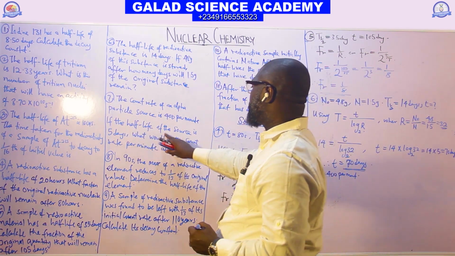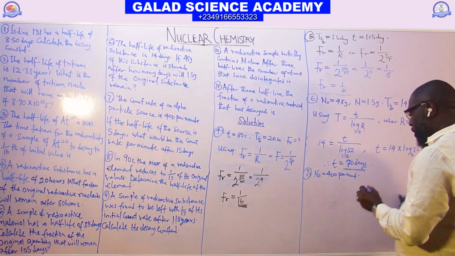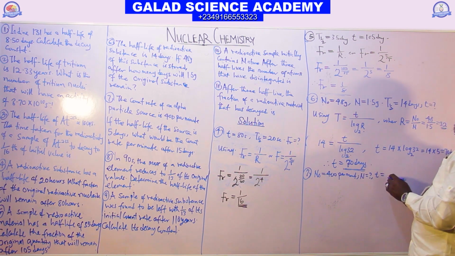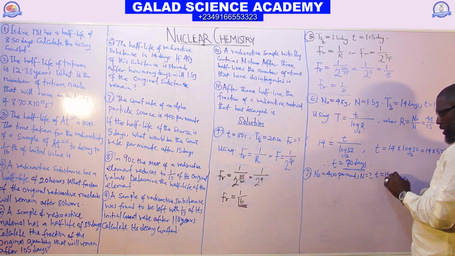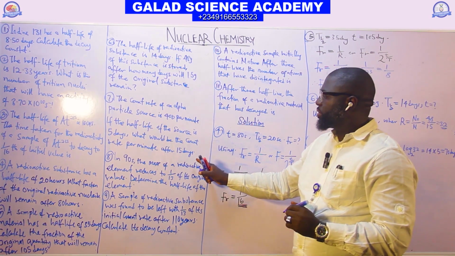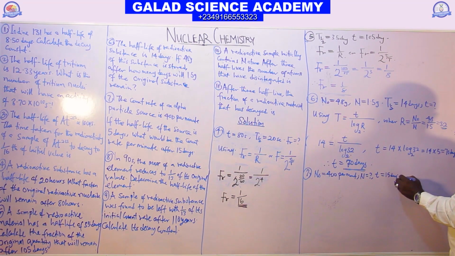If the half-life of the source is this, and the N is unknown. The small letter t from the question we are given to be 15 days, and the half-life, the capital letter T, is 5 days.